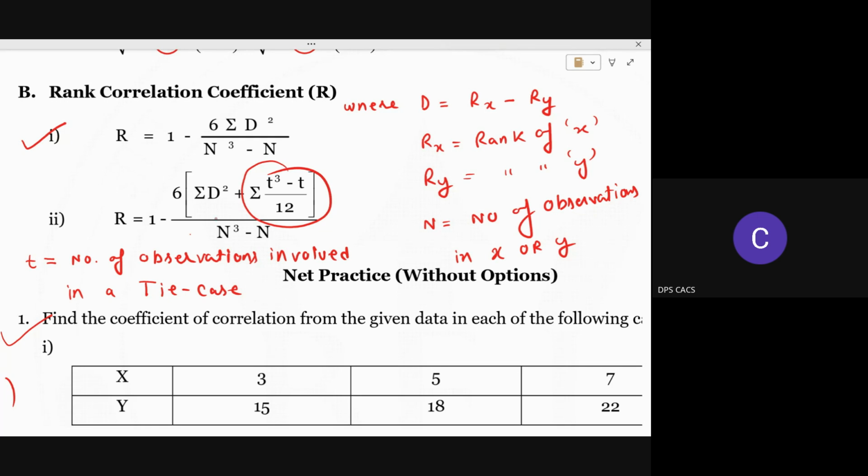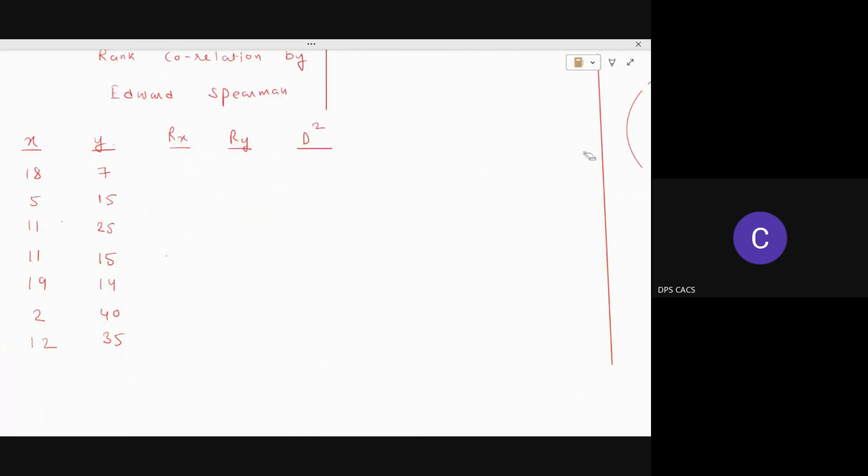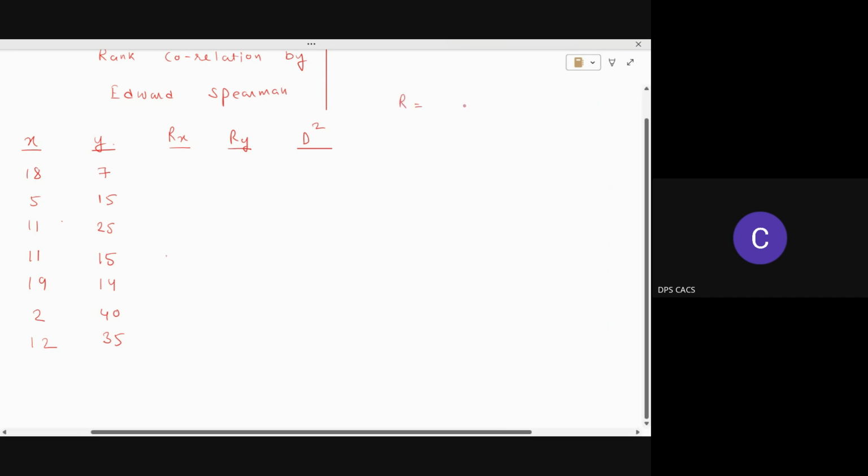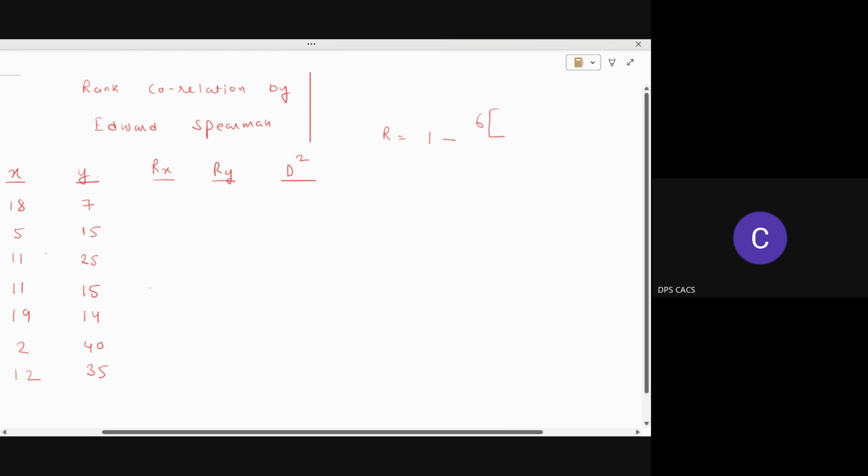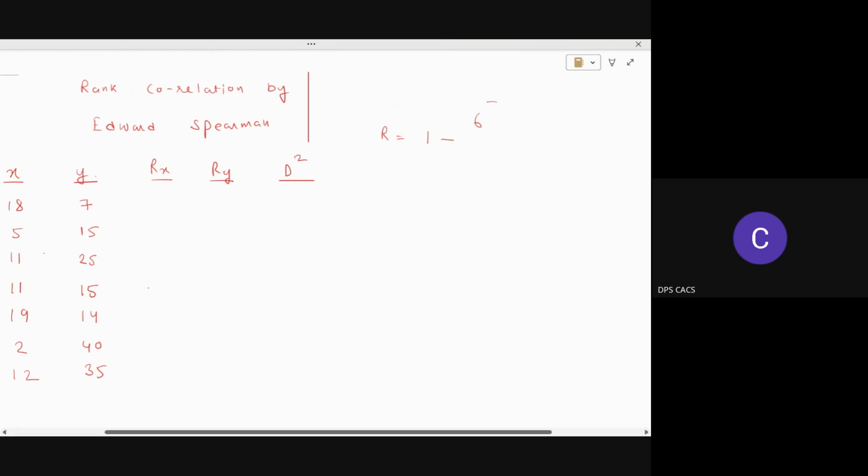Right now I know that the maximum part is the same, like the first formula, right? So coming back to that example, have you written this line? Now first of all we will write the formula. R is 1 minus 6, then open the bracket. In the bracket we have two things.